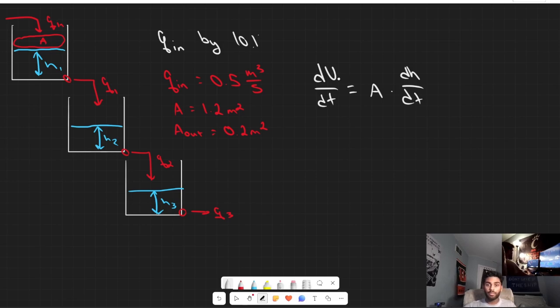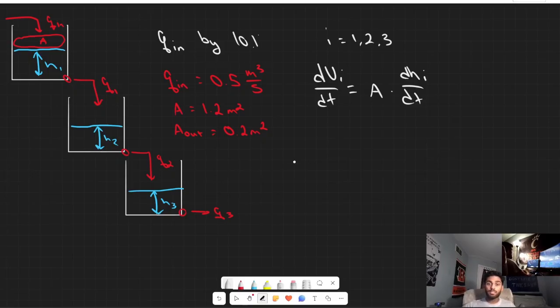So we can actually write these for each of the tanks. If I were to say i here, i is equal to 1, 2, 3. It's equal to each of these tanks, because each tank has some height that will vary with time. The cross-sectional area remains the same, and it's following the same time axis. So this is a good starting point.